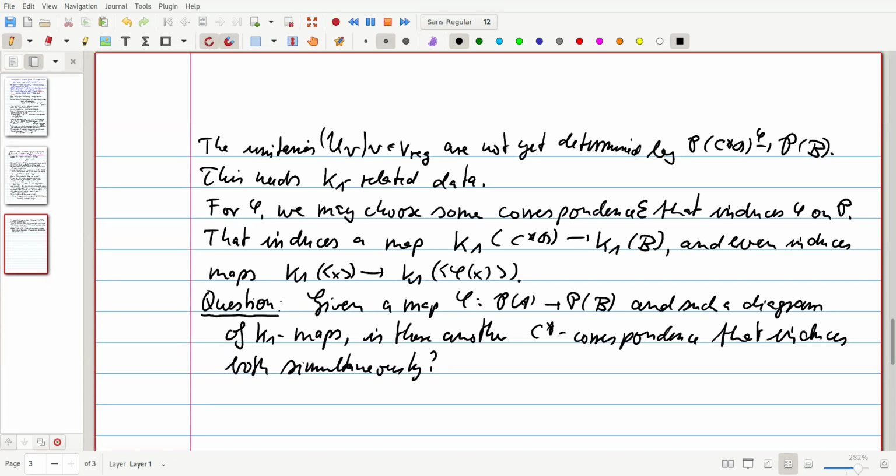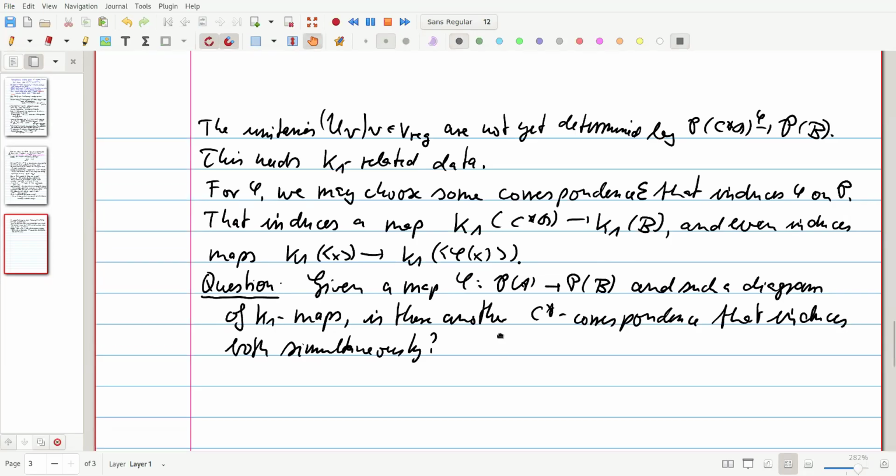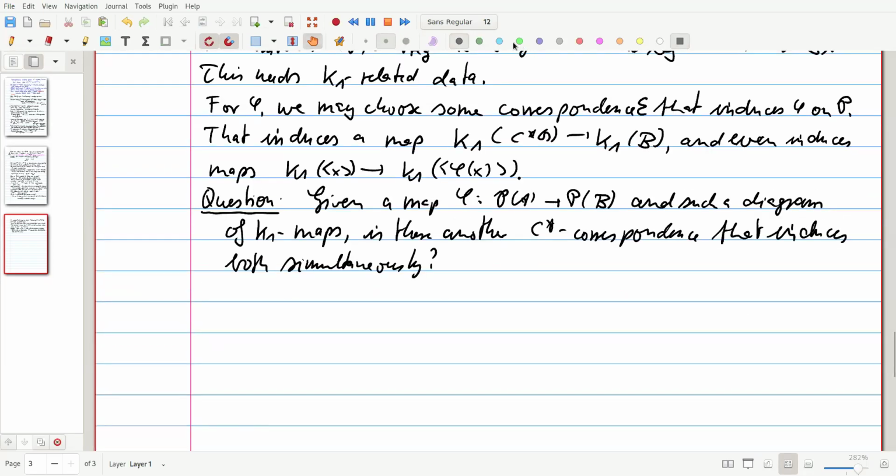So we take our graph C-star algebras A and B, and we assume that we have such an isomorphism between the invariants consisting of these monoids of projections up to Murray von Neumann equivalence, and then the diagram of K1 groups for all the gauge invariant ideals. Let's also write this down to explain why this question is relevant.